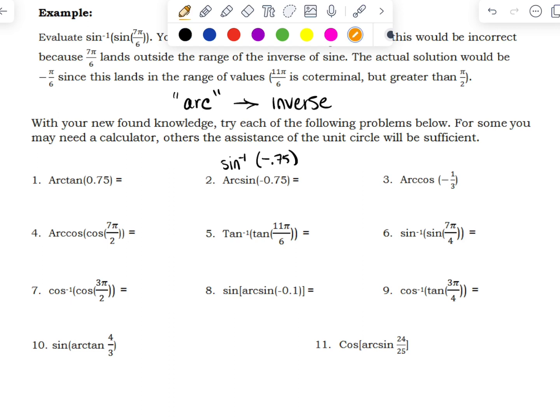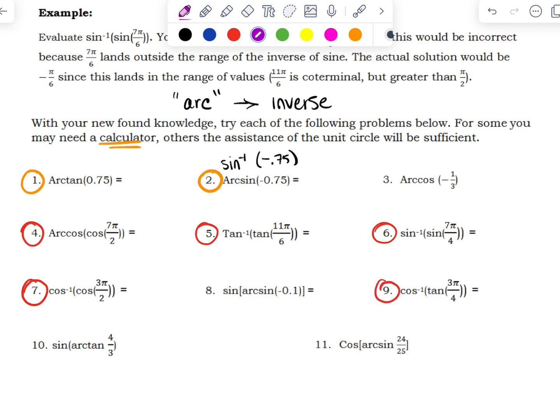I would say that your calculator is going to be needed probably for problems 1 and 2. I would say you need to think about your intervals for questions like number 4, 5, 6, 7 and 9.